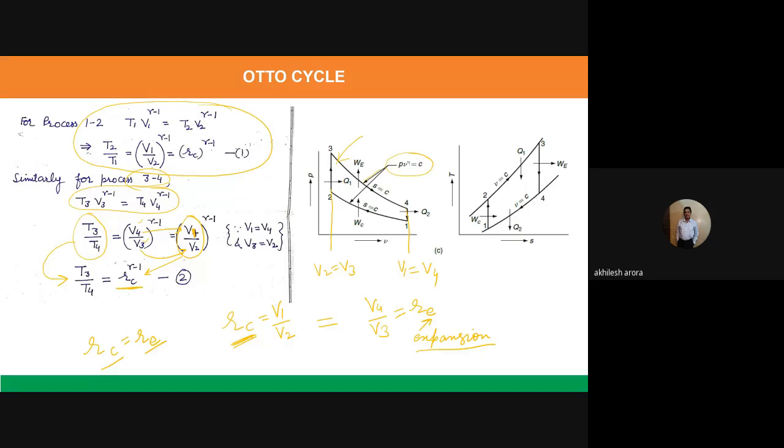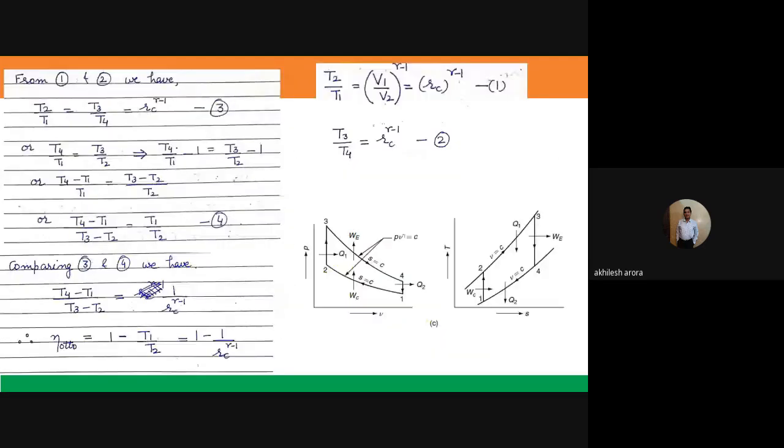So this is equation number 1, this is equation number 2. You can see the right hand sides for both these equations are RC raised to power gamma minus 1. So it means T2 by T1 should be equal to T3 by T4, and both are equal to RC raised to power gamma minus 1.